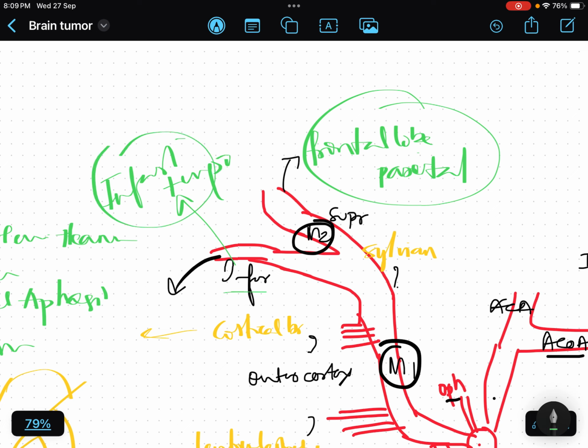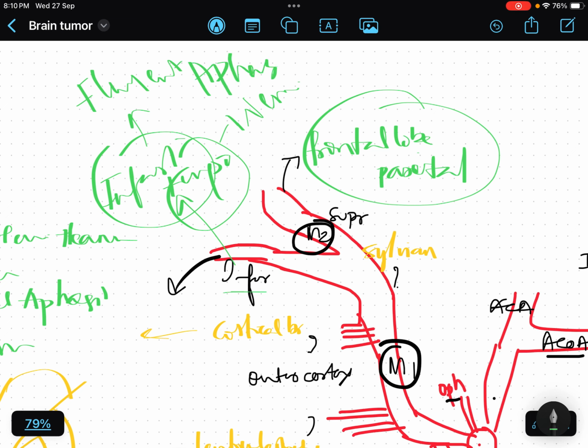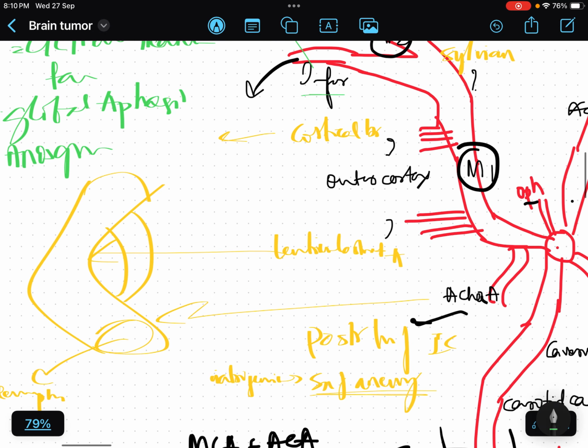Therefore, when the inferior division of M2 is affected, you will have fluent aphasia: temporal lobe, Wernicke's area, fluent aphasia will be seen. Then we have lenticulostriate branches. When occluded, we will have just a pure motor stroke.